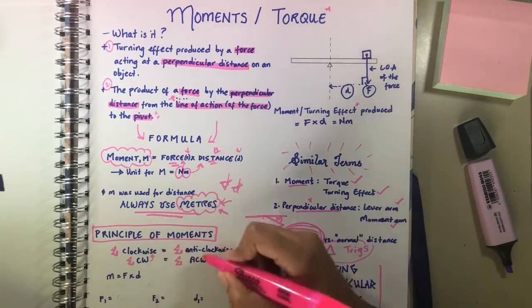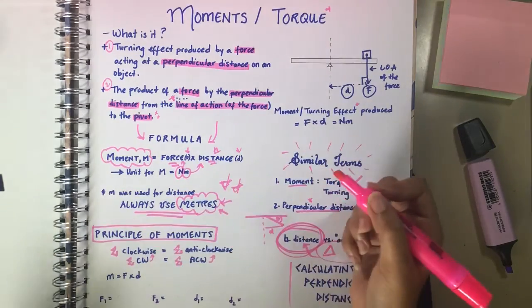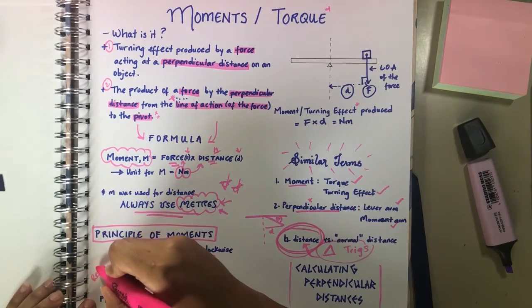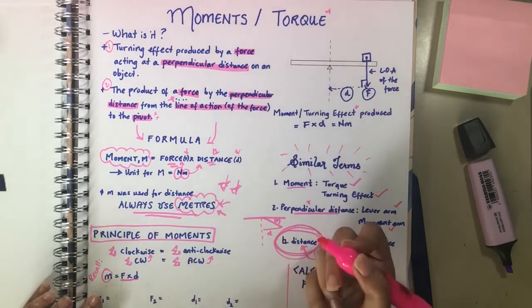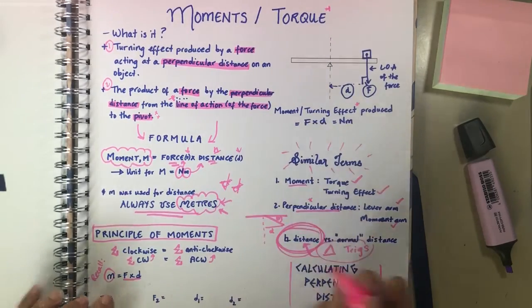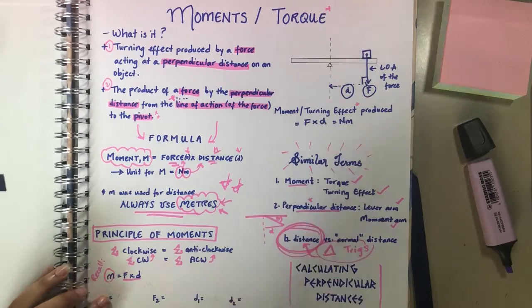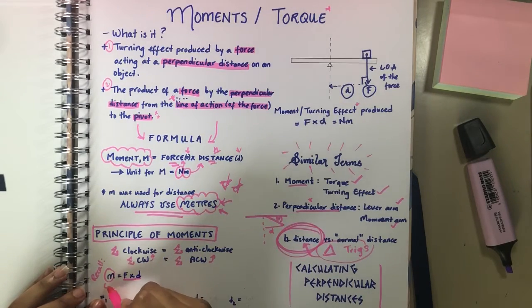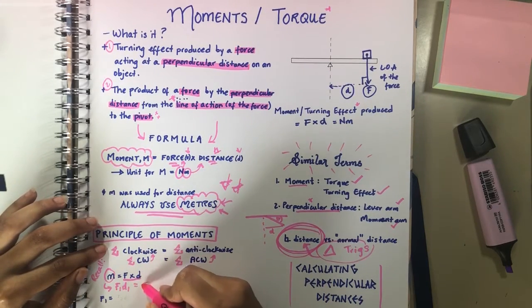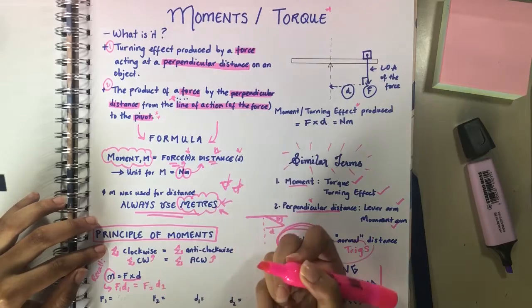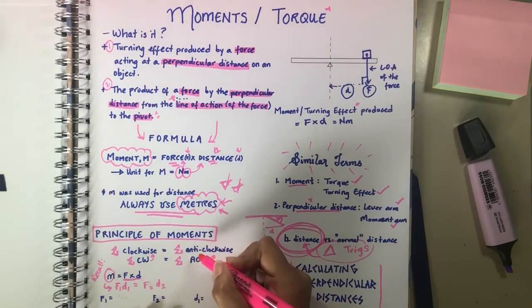CW being clockwise, ACW being anti-clockwise. So we can recall that moment is equal to force by distance. So from this principle, we can derive another formula. F1 D1, which would be the clockwise moment, is equal to F2 D2, which would be the anti-clockwise moment.